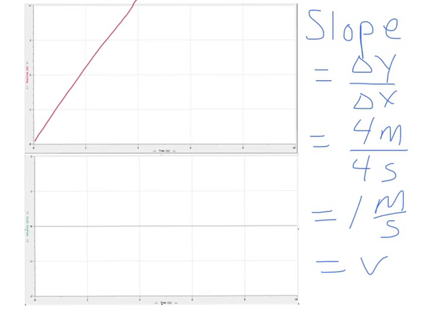I'm moving at a constant speed, therefore I'm going to draw a horizontal line, or close to it, for 4 seconds. So again, a horizontal line here means I'm moving at a constant speed. A straight line here means I'm moving at a constant speed. The velocity time graph is a graph of the slope of the position time graph.